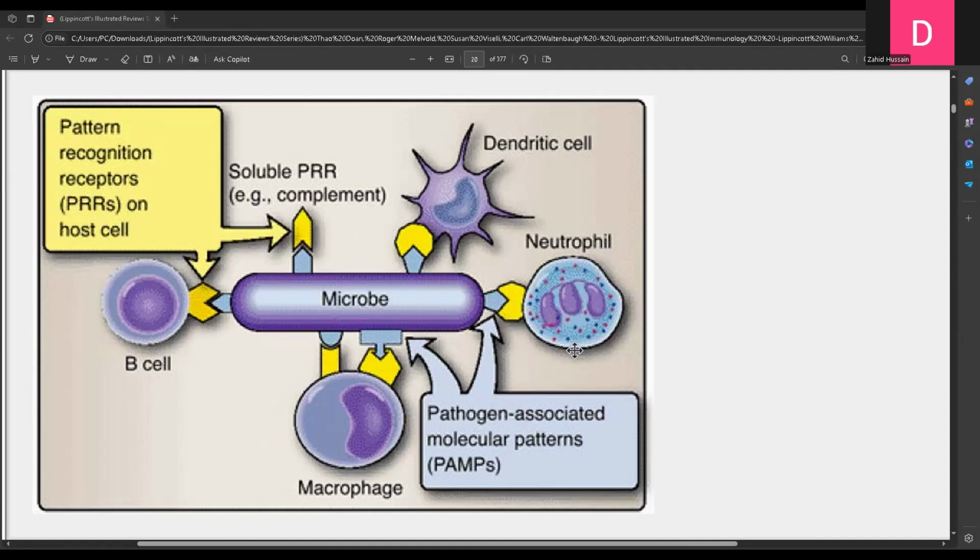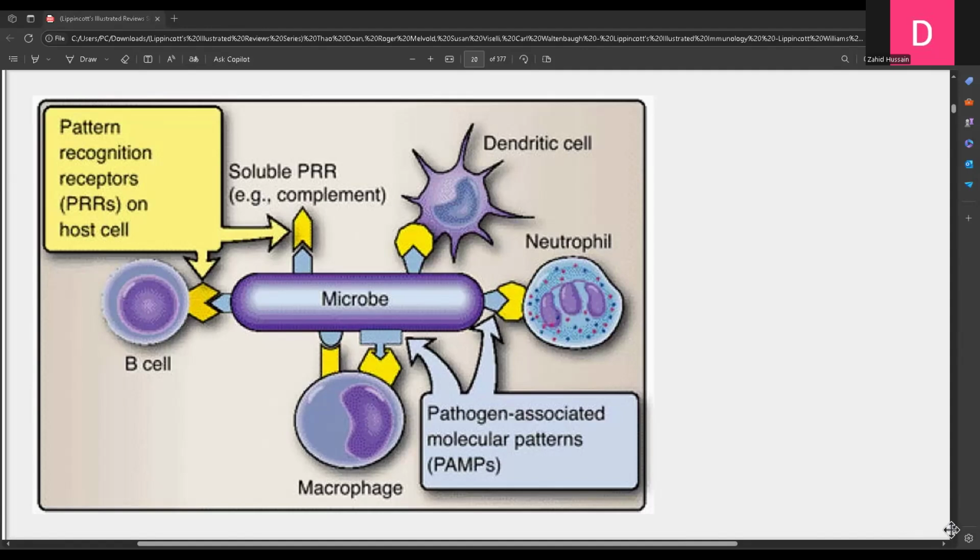They have these receptors through which they recognize pathogen-associated molecular patterns. Then they will start to react against the microbes and destroy them, because these are the invaders, the enemies, and they have to be recognized and destroyed.